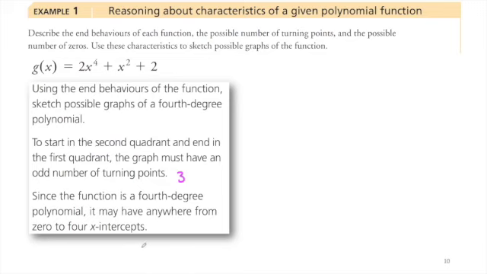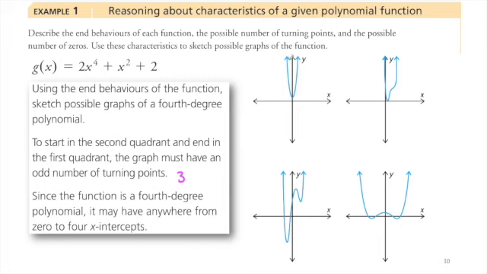Okay, so some examples would be we could have 1 turning point, and we could have 0 x-intercepts. We could have 2 turning points, so this is kind of a silly turning point, 1, 2 turning points, and we could have 1 x-intercept.